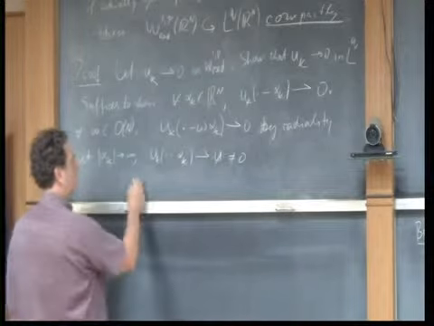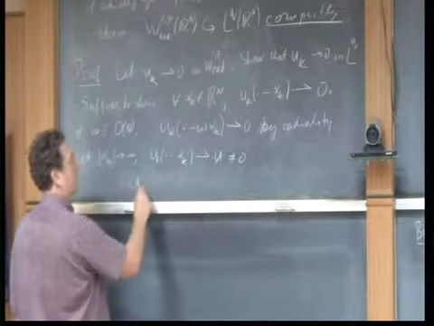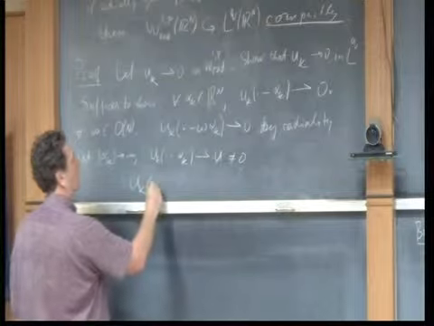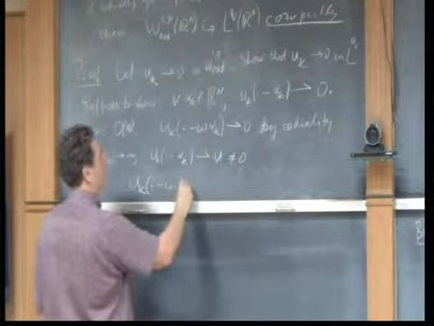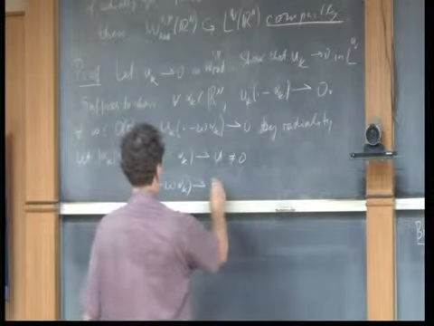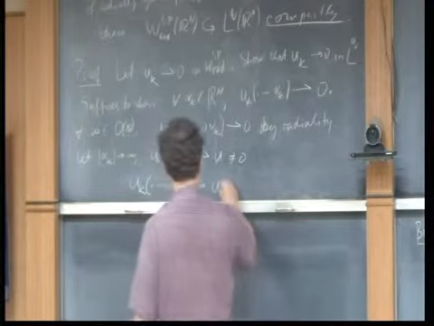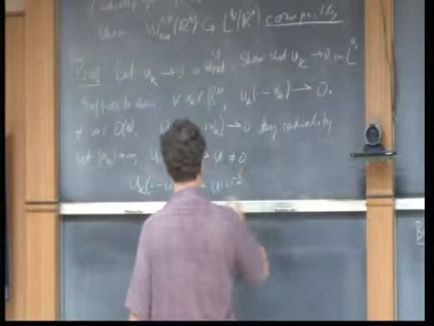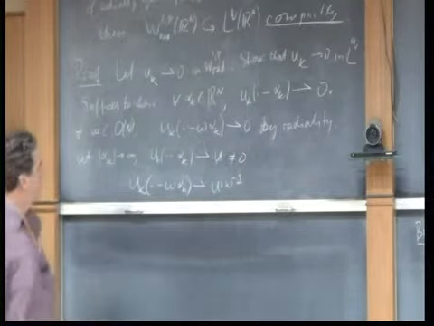Then we have u_k(dot minus omega alpha_k) converging to u composed with omega inverse, I hope.